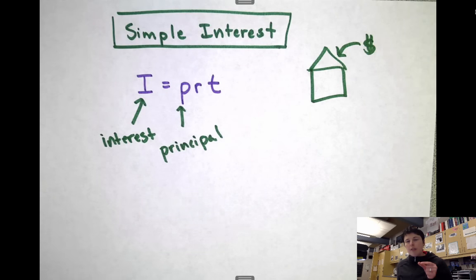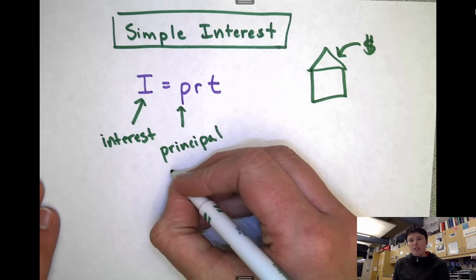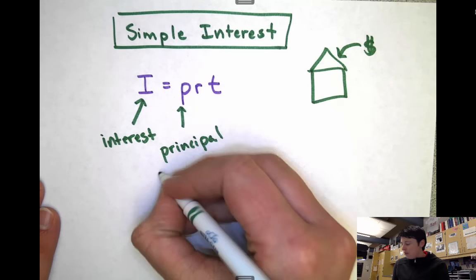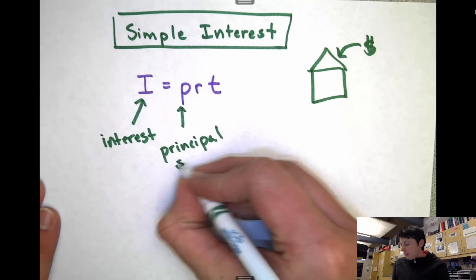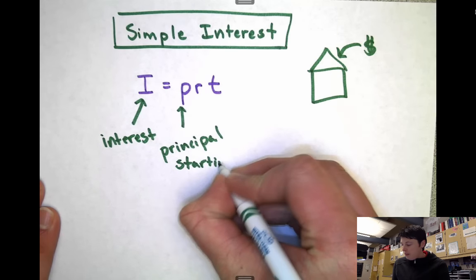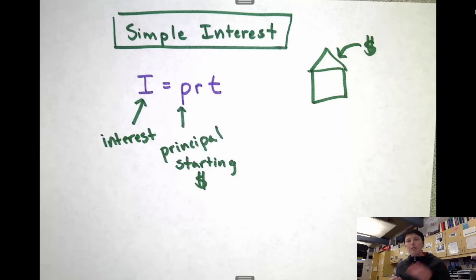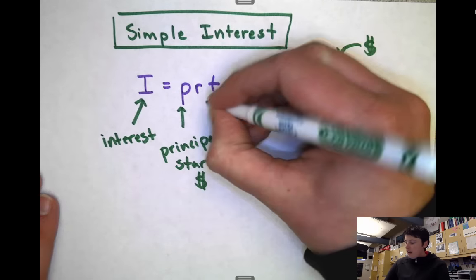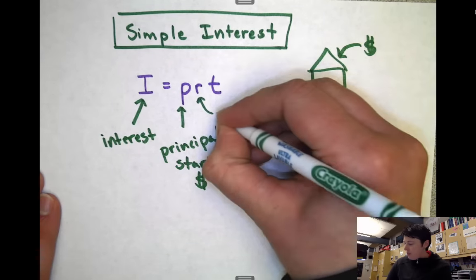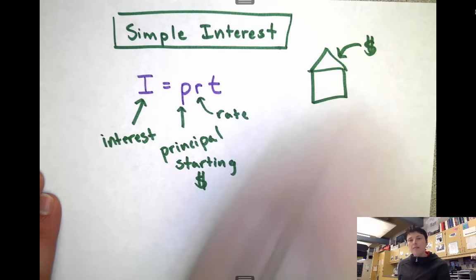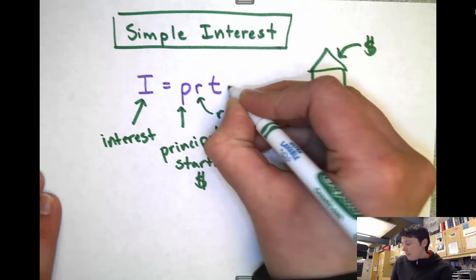In the banking world, principal means the original dollars, the amount of money that you're starting with. So under that, I'm going to write starting dollars. Principal is just the banking way of saying it's the money that you start with. R stands for rate, and T stands for time.